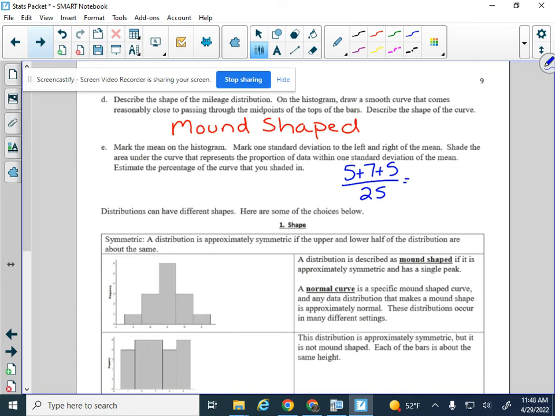And that actually comes out to 17 out of 25, .68. So about 68% of the data fell within 1 standard deviation of the mean.